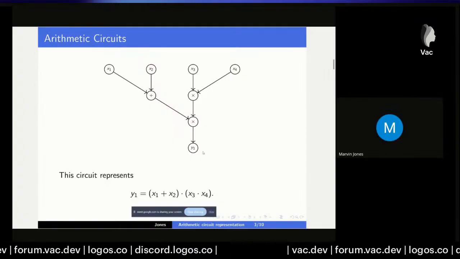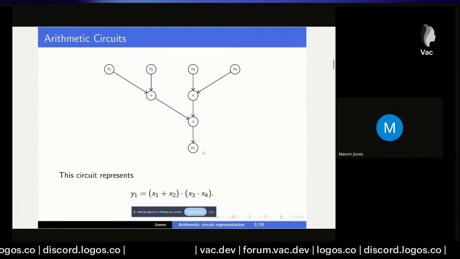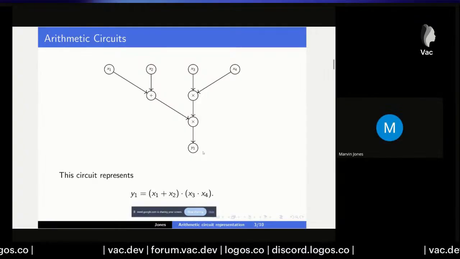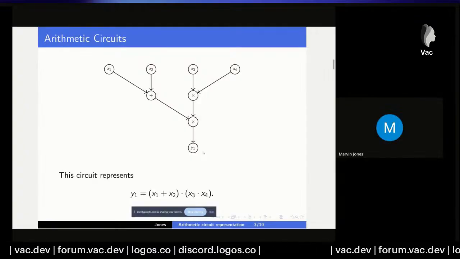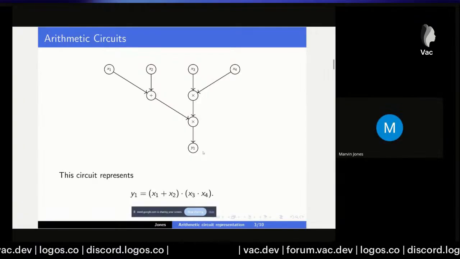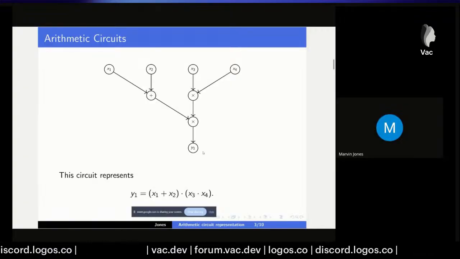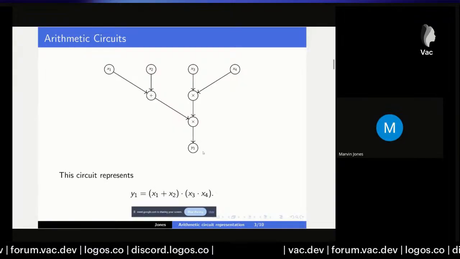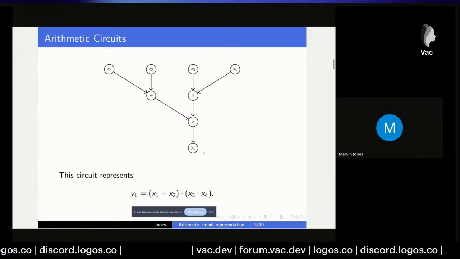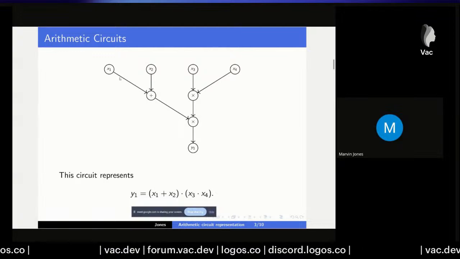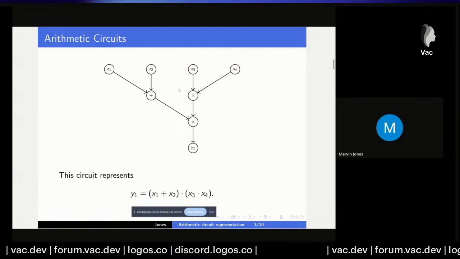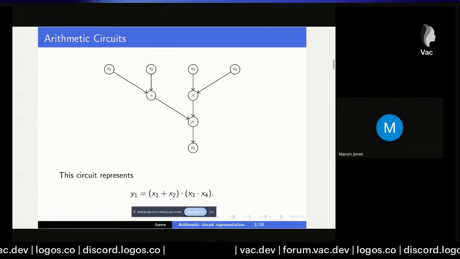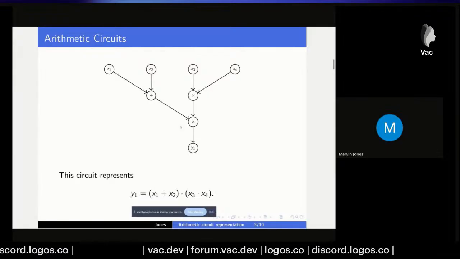Now, this particular arithmetic circuit just represents the equation y1 equals (x1 plus x2) times (x3 times x4). Pretty straightforward. You're just tracking these wires to get the x1 plus x2, x3 times x4, and then this final multiplication.